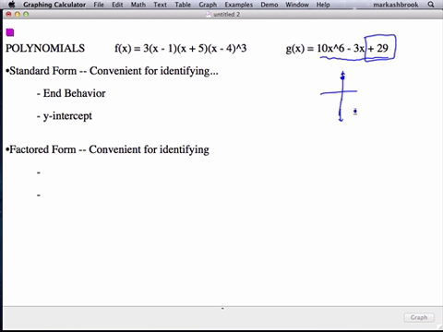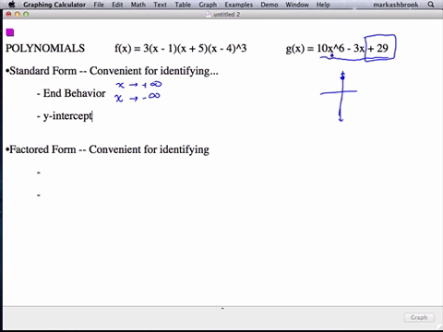Okay? End behavior. How does end behavior work? What is it about standard form that helps us determine end behavior? What do we look at in the standard form? The leading term, the highest power of x. Why? Because end behavior is about as x gets very large positive and as x gets very large negative.